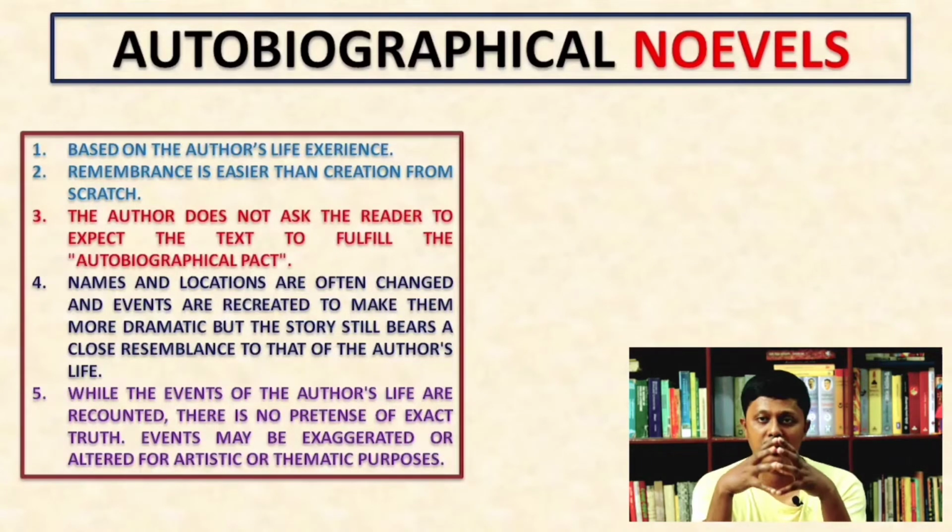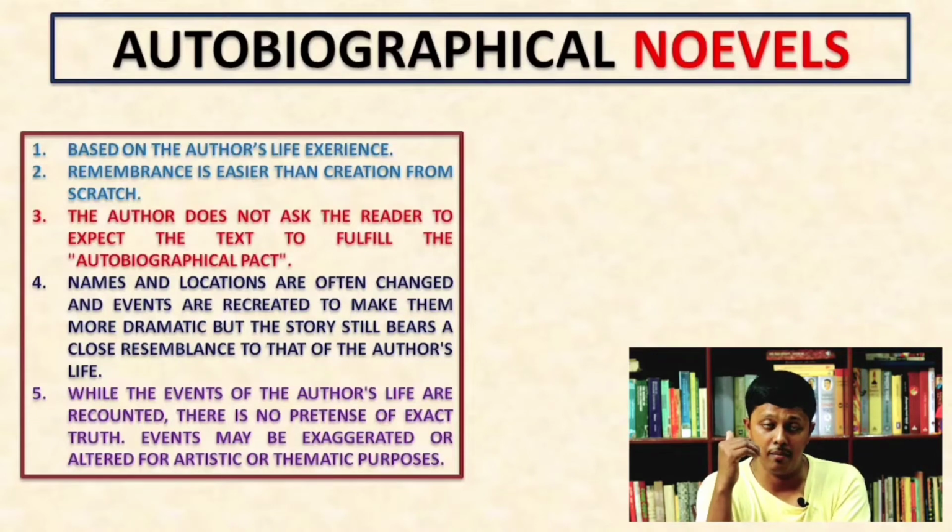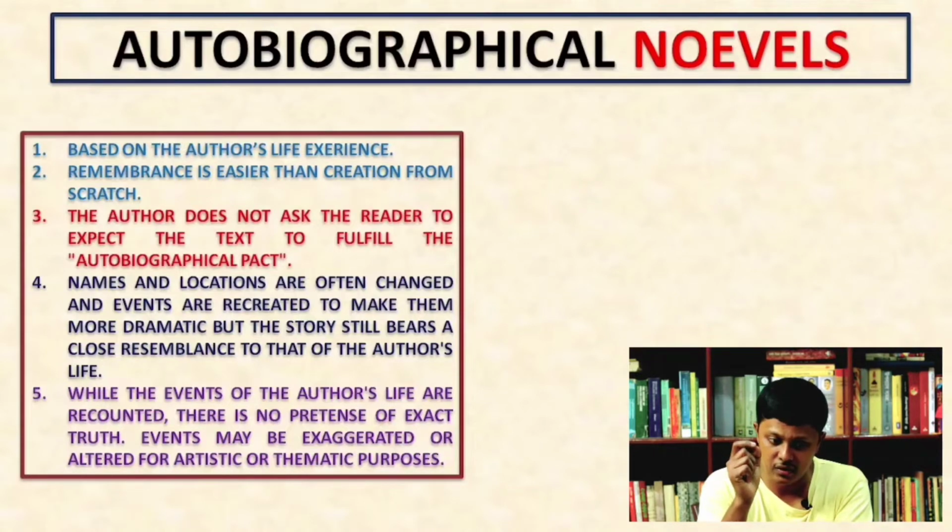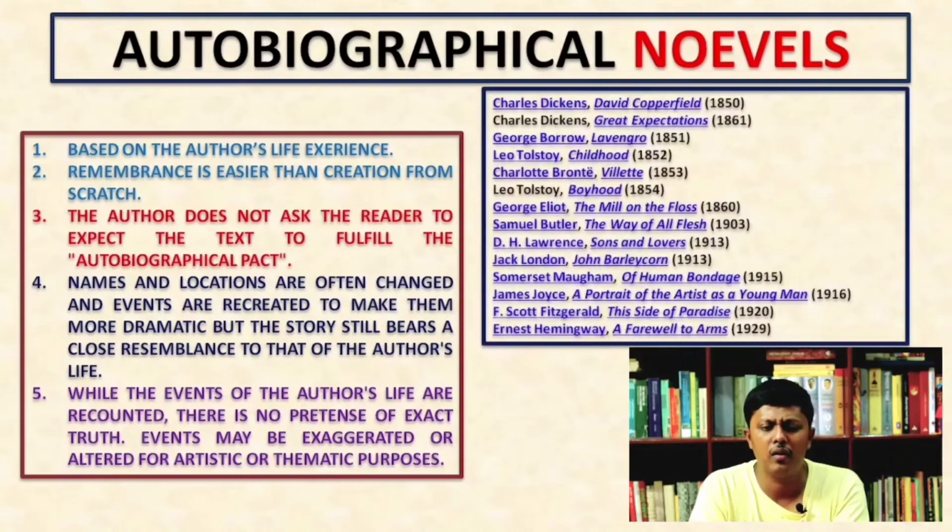Now, there are events that may be exaggerated, said in an overstated way. When they are said, we, the readers, have to remember that they are done to make the novel interesting, first of all, and secondly, for artistic and thematic purposes. There are lots of examples of autobiographical novels.